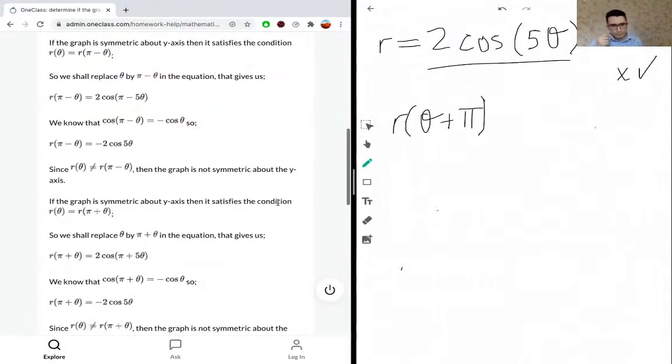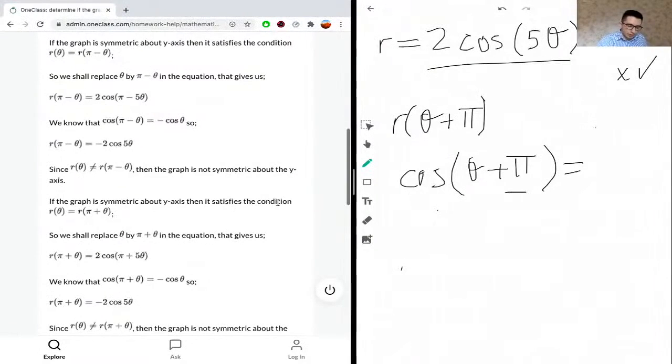So the simpler way to look at this, if we're substituting into the cos term, we really only care about if cos is equal to cos theta. So when we substitute theta plus pi, we would get 5 times theta plus pi. But here we really only care about this term. So this would be equal to negative cos theta, because of the pi term.